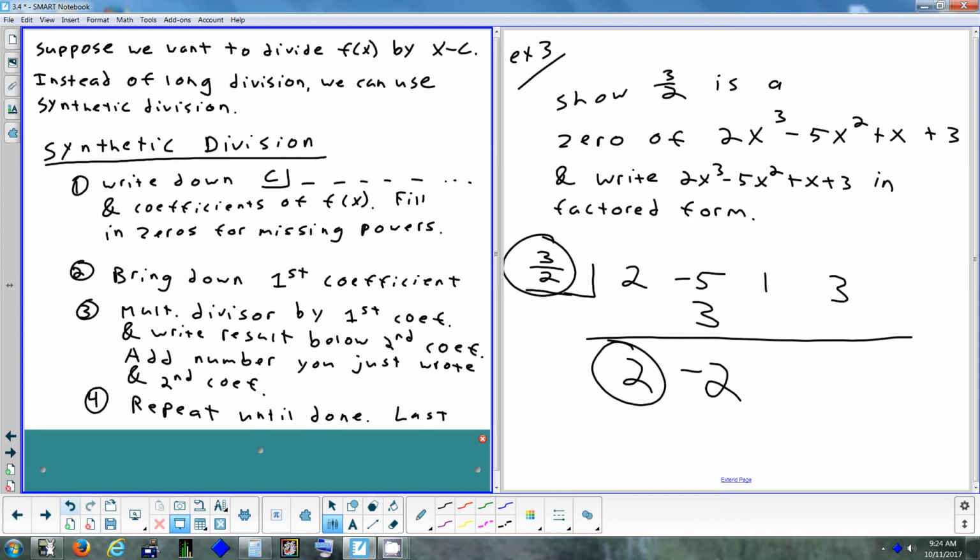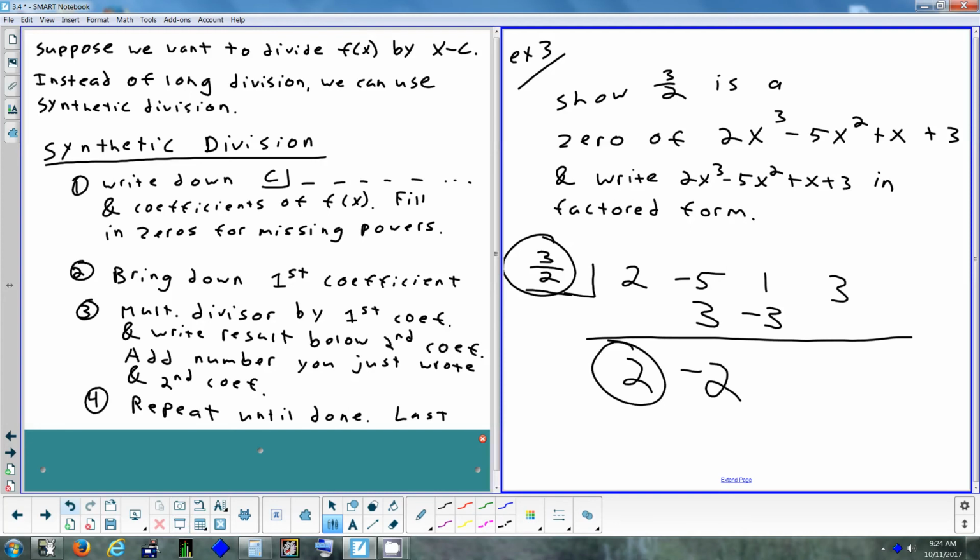Yep, -3. Add 1 plus -3: -2 again. It doesn't always come out to 2 or -2, just this problem. And then 3/2 times -2, which is what we just did, is -3. And what's 3 plus -3? 0.